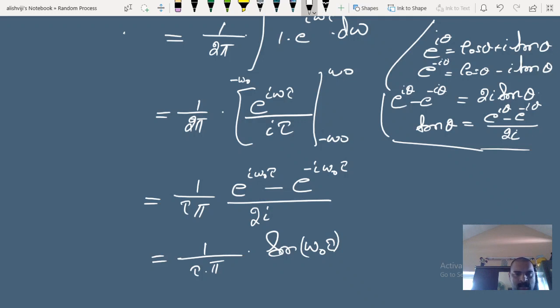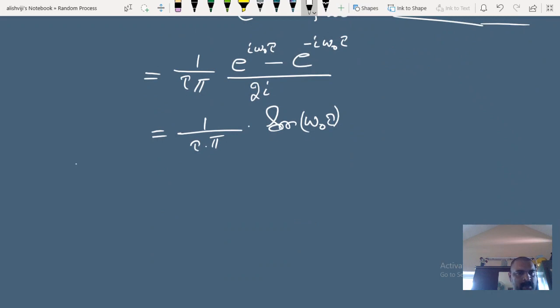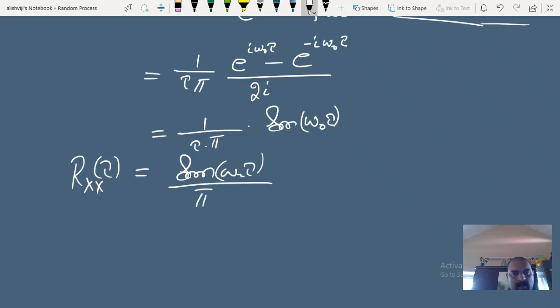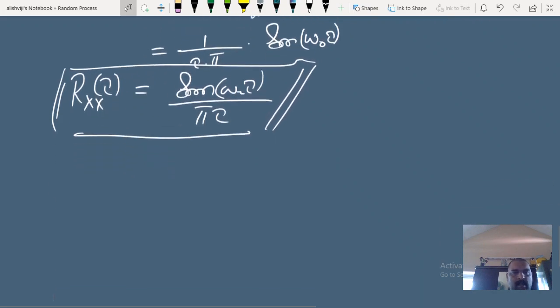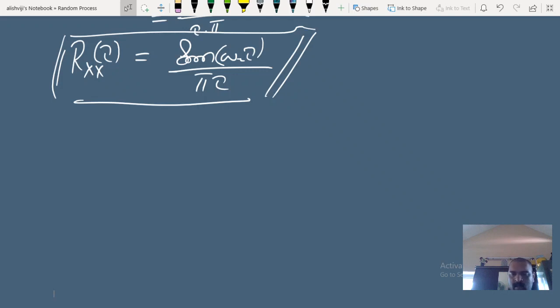So this is how we express the autocorrelation function, and if we write it in the simple form, sin omega naught tau by pi tau. It's a function of tau. So this is our autocorrelation function of the random process. So that is how we calculate the autocorrelation function from the power spectral density.